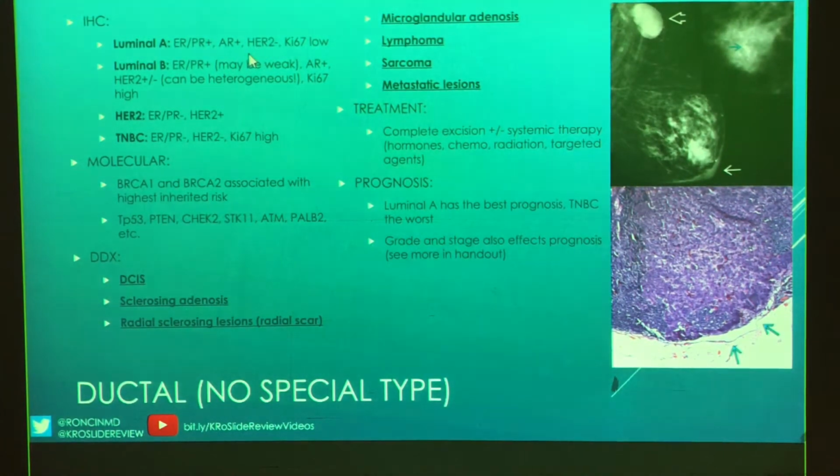Okay, a little more information. So obviously I said your luminal A's are going to be hormone receptor positive, so androgen receptor positive, and they should be HER2 negative and Ki low. Your luminal B's should be positive here, but these may be weak because they're starting to get a little uglier. You can have HER2 positivity, and in these, keep in mind that your HER2 positivity can be heterogeneous.